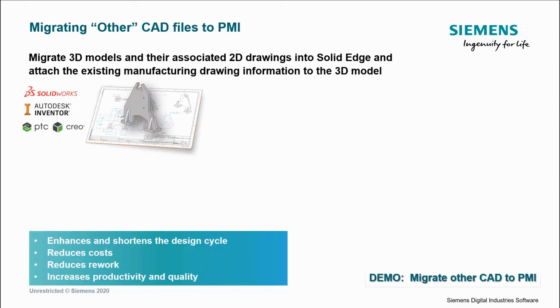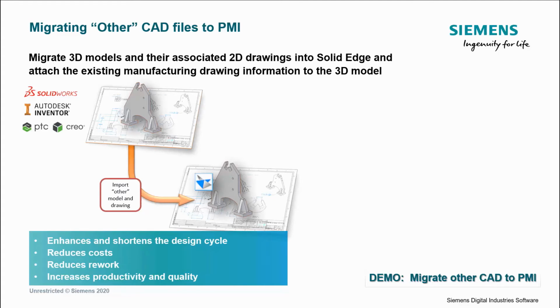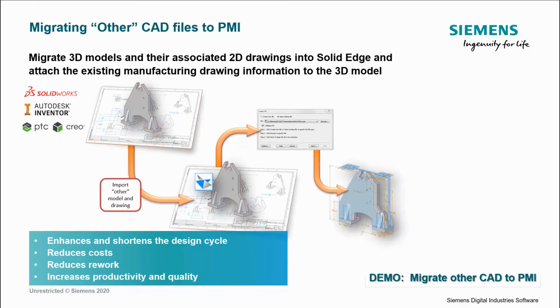This in and of itself is a fantastic benefit for companies who choose to continue with traditional engineering and manufacturing documentation. For those companies who want to instill model-based definition, Solid Edge also provides a way to connect the manufacturing information from the 2D drawing directly to the 3D model, which automates the 3D PMI process.